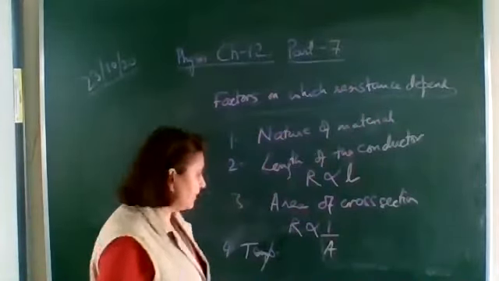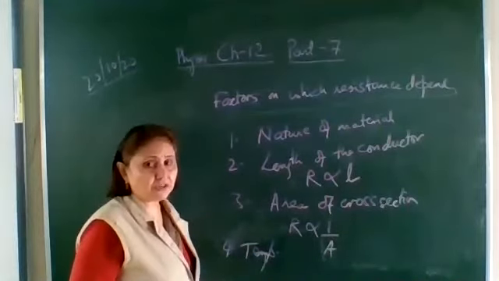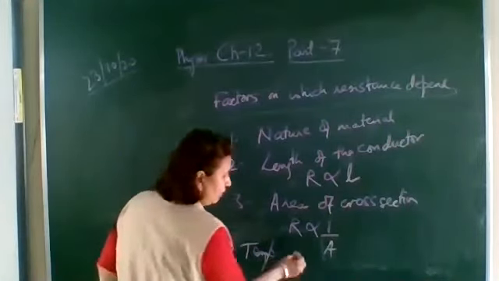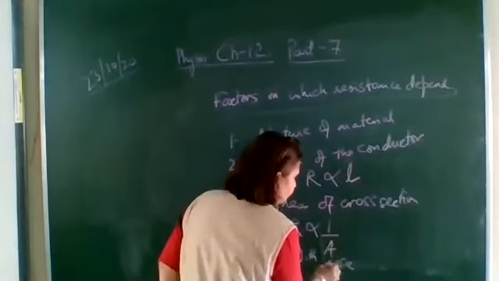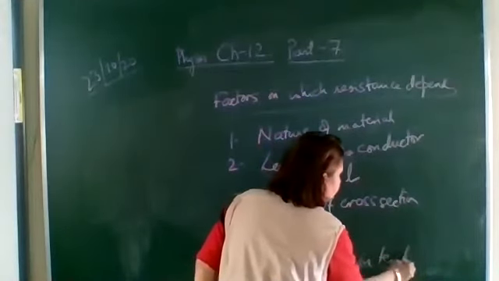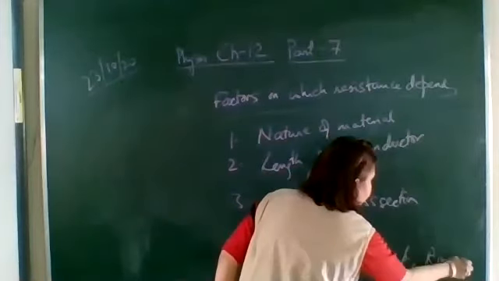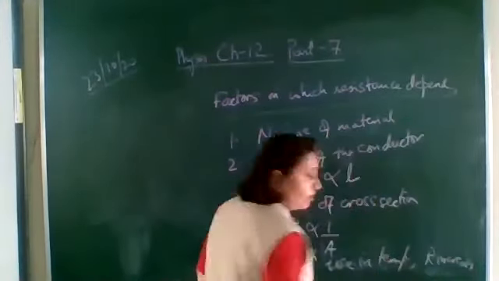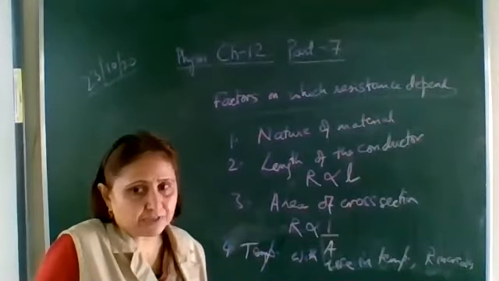With a rise in temperature, the resistance of a conductor increases. Vice versa, if the temperature is decreased, the resistance will also decrease.